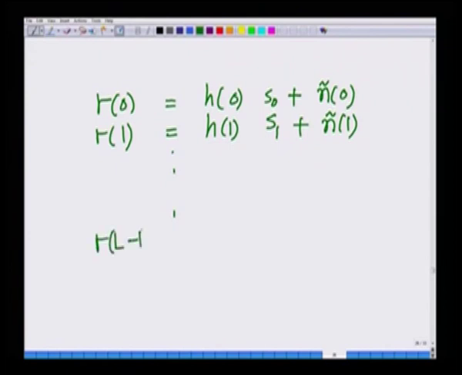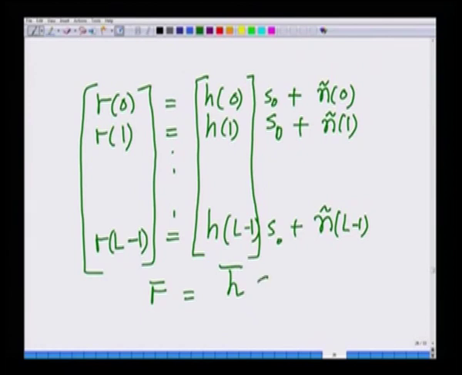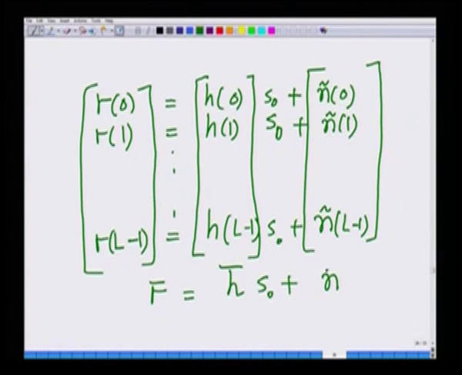R L minus 1 equals H of L minus 1 into S of 0 plus n tilde of L minus 1. I can represent this as a vector, R bar equals H bar times S0 plus vector n tilde bar, and this is nothing but our receive diversity system.